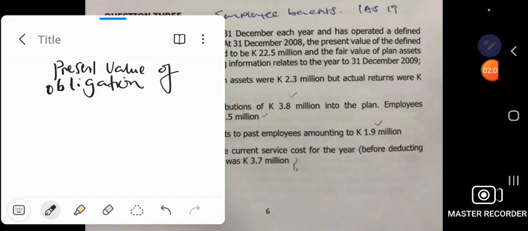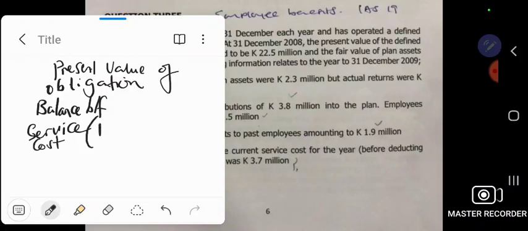Ideally, this is how you should do it. You always start with a balance brought forward. There's always a balance brought forward from the question. Apart from that, you will have to include things like service costs. By the way, when we say service cost, we mean two things: the past and present. These have to be put together.